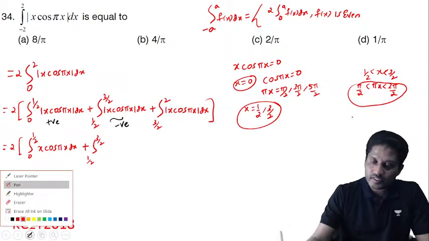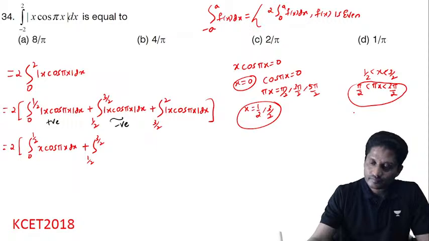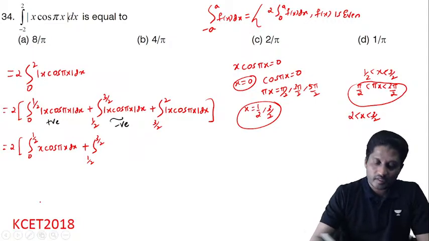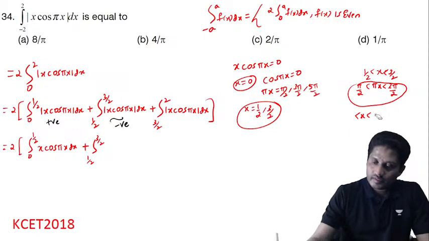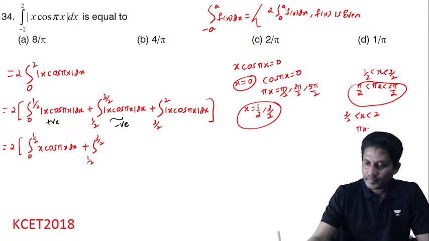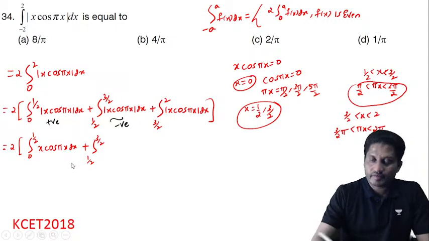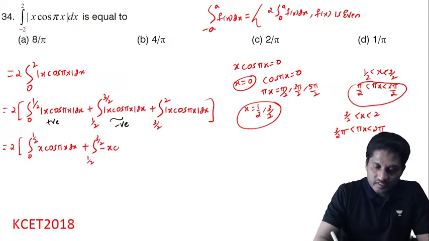So x lies between 3 by 2 and 2, obviously pi x lies between 3 by 2 into pi and 2 pi. Now cos is positive in the fourth quadrant. So this is negative, you get minus x into cos pi x.